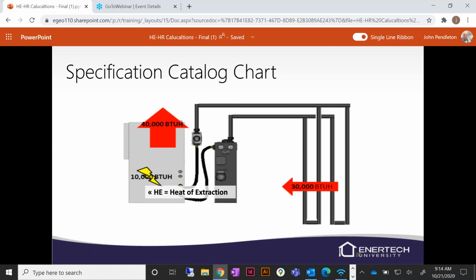Watts times 3.41 equals BTUs. In the field, it's easy to check amps with your amp meter, and volts, so it's pretty simple to get that number. You just have to remember: volts times amps equals watts, watts times 3.41 equals BTUs. So you can figure out your total heating capacity.